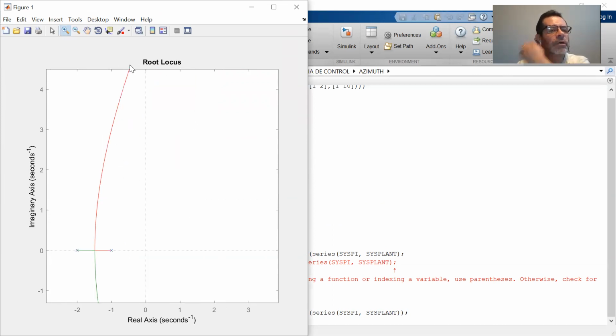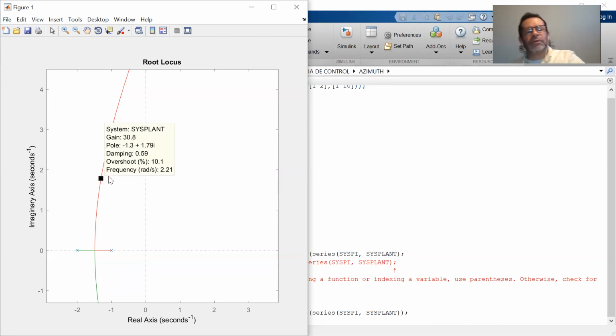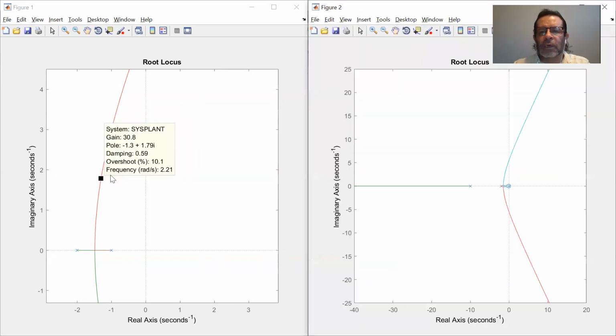I'm going to do a larger zoom there. I'm going to leave it at 10.1 just because my pulse isn't that good today.